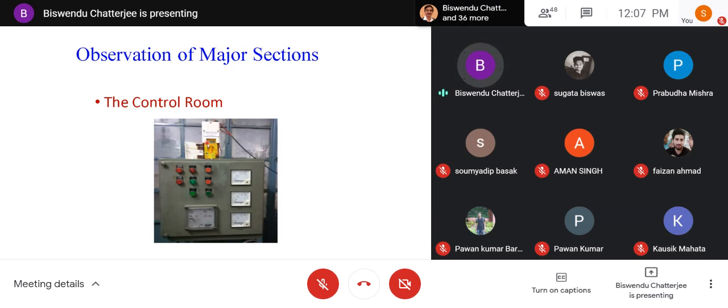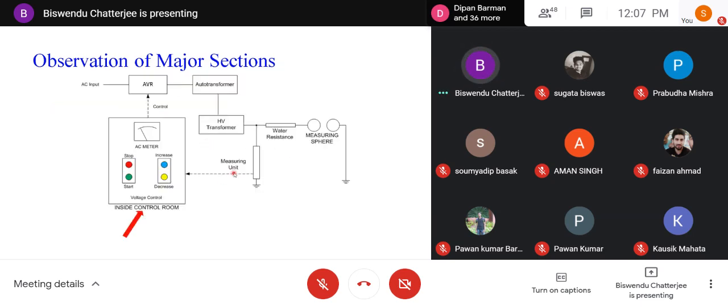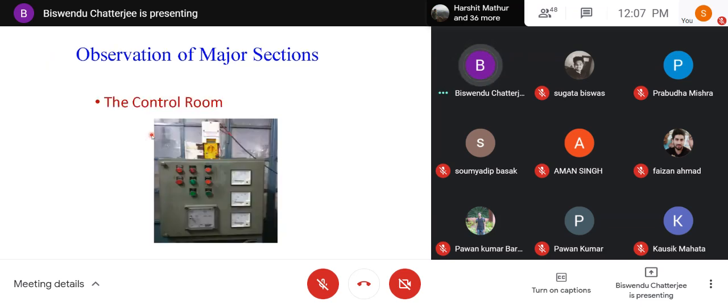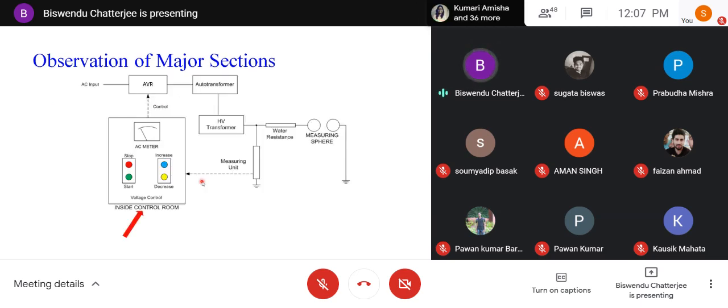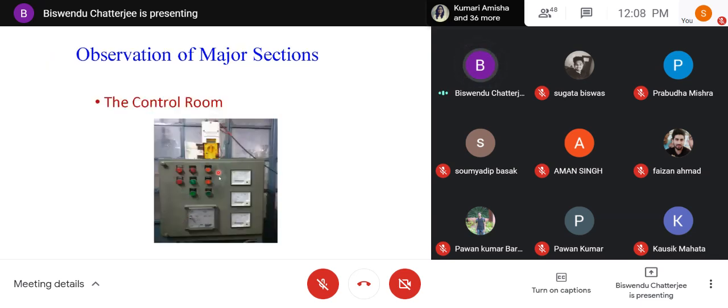An ordinary multimeter is used for the measurement. See here, this meter, and these are the start stop bulbs and the switches. These units, start stop increase decrease, are these switches. So that is inside the control room.